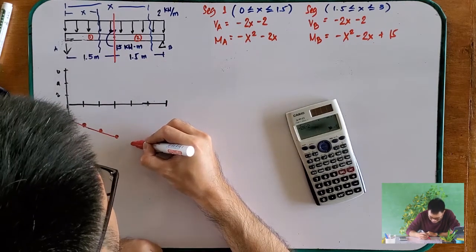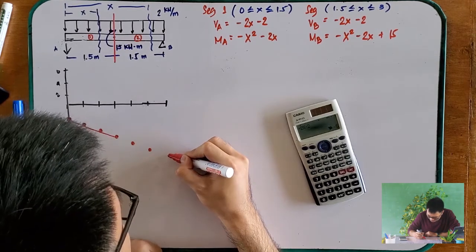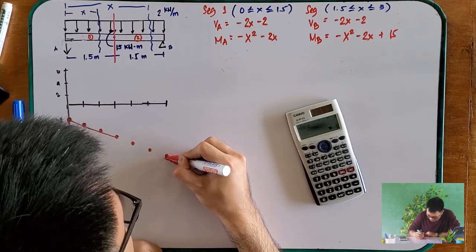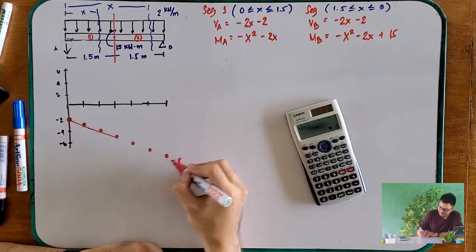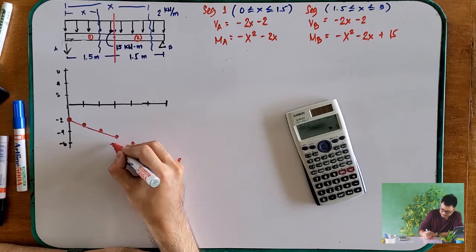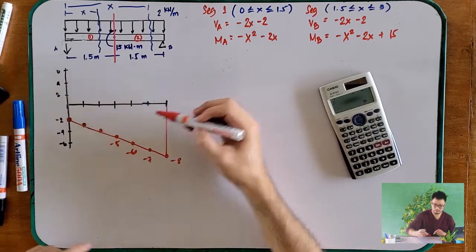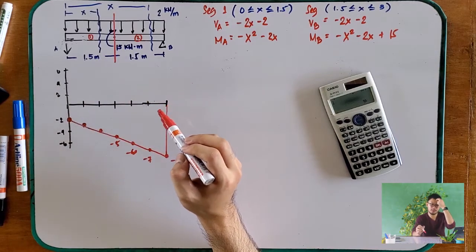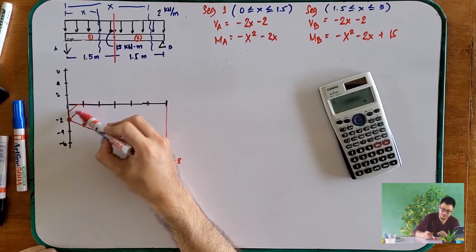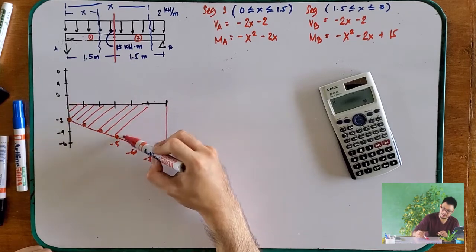So, 6, 7, and 8. So, this is negative 8, negative 7, negative 6, negative 5. Okay, so this is your shear diagram.